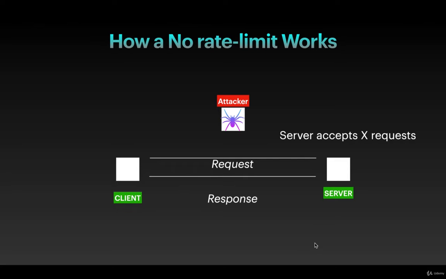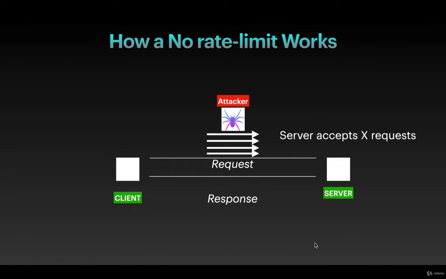As you can see on the screen, the left side is the client, the right side is the server. When a client sends a request, the server will accept it. What if the client sends one more request? What if the client sends a third request and a fourth request?